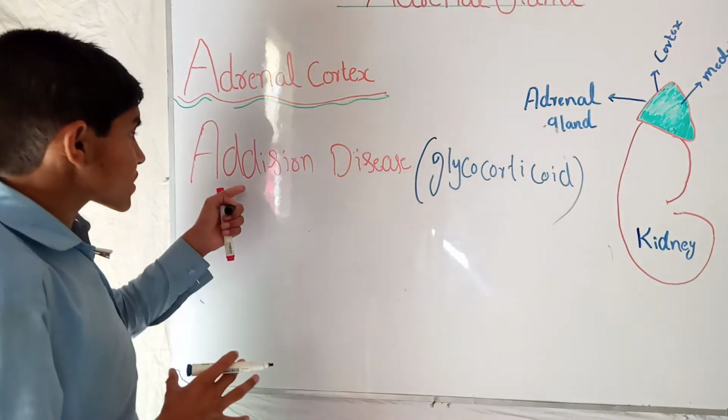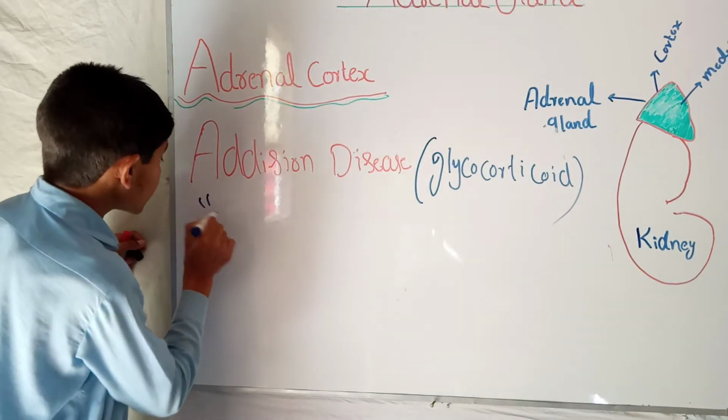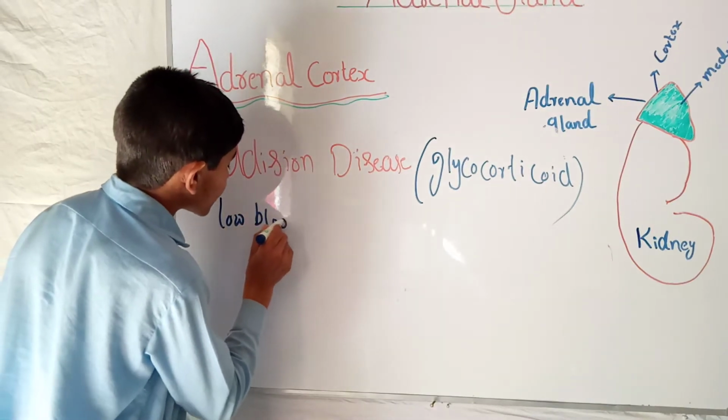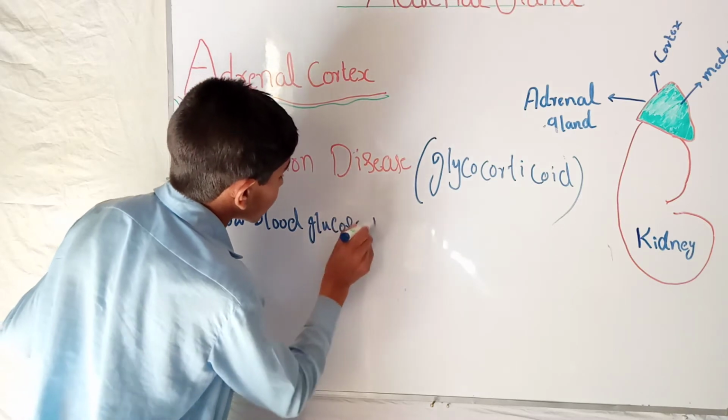So this disease is called Addison's disease. Okay, so I write here: low blood glucose level.